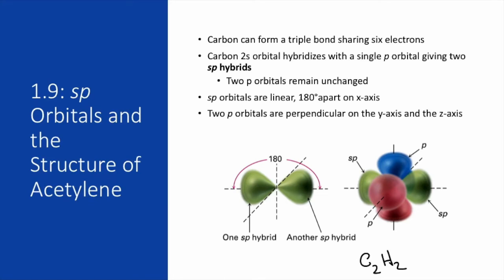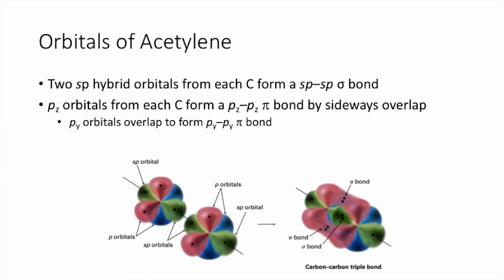Now, whenever you have an sp hybridized atom, the sp orbitals are going to be oriented 180 degrees apart from each other. And then the p orbitals will be perpendicular to those, along the y and z axis. And again, these pictures get a little bit confusing to understand.